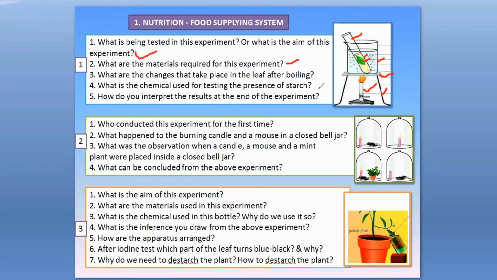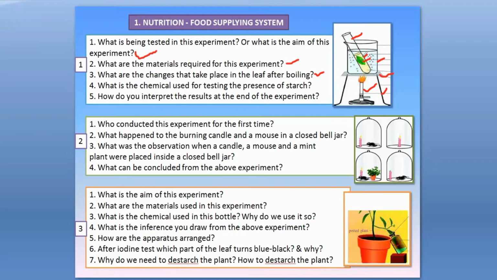Next, the third question: what are the changes that take place in the leaf after boiling? After boiling the leaf inside the test tube in the presence of methylated spirit, this spirit makes the leaf pale white in color, and also removes the chlorophyll.